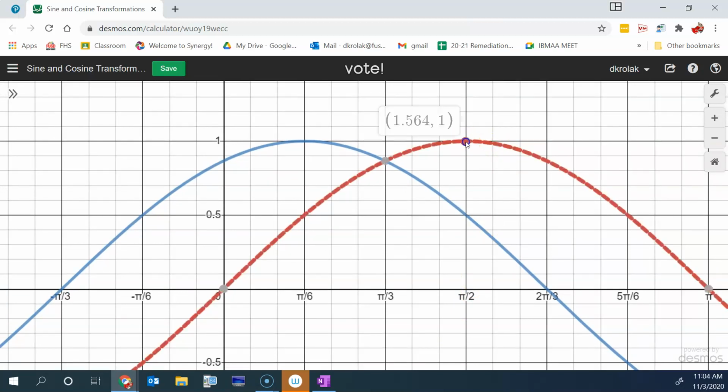There's the original, pi over 2, 1. Now this point moved. I'm going to find the same place over here because it moved to the left. There's the new point. So pi over 2 moved to pi over 6.